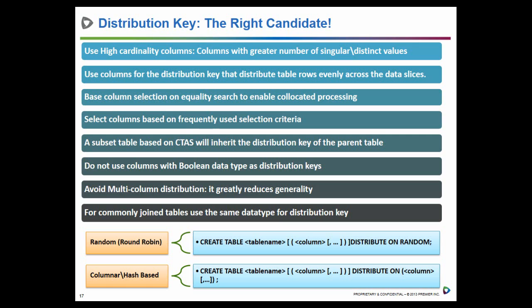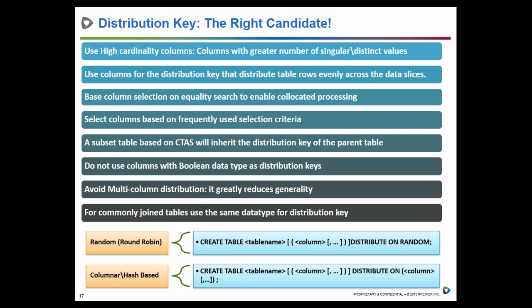High cardinality is good, but that doesn't mean that your lab table, your clinical results table, should be distributed on the clinical result surrogate key, because that is extremely high cardinality. And besides, it will not allow you to do co-located processing.